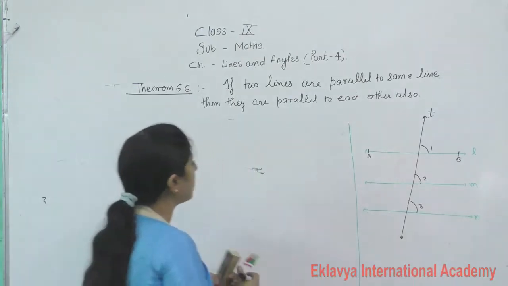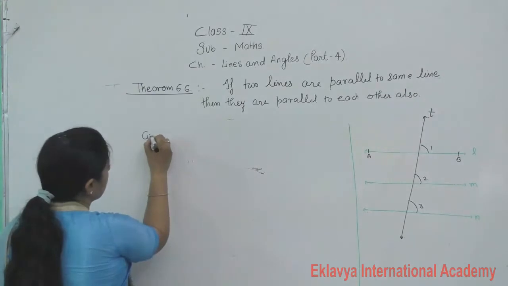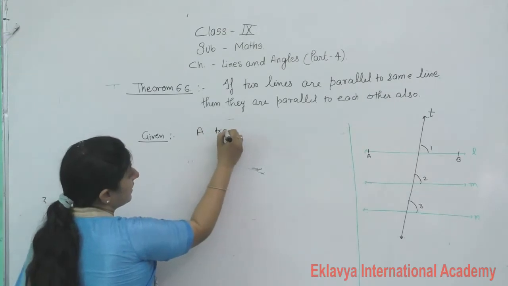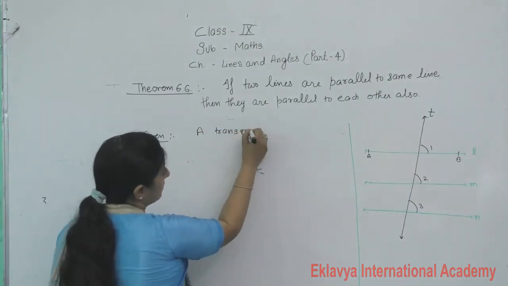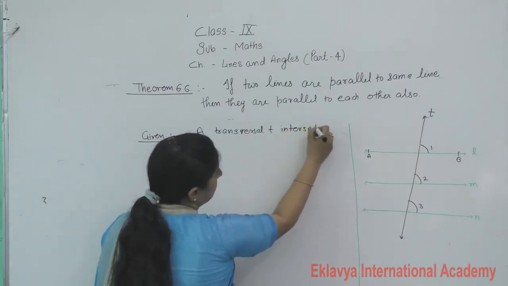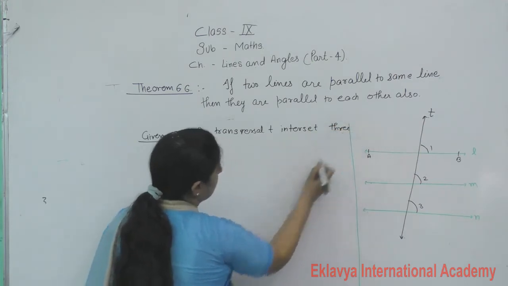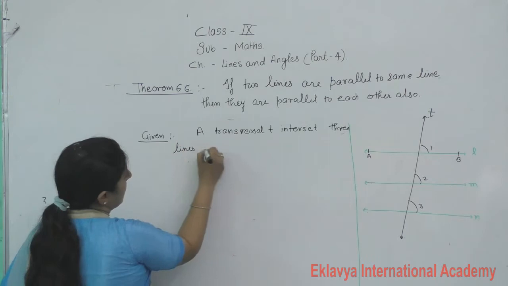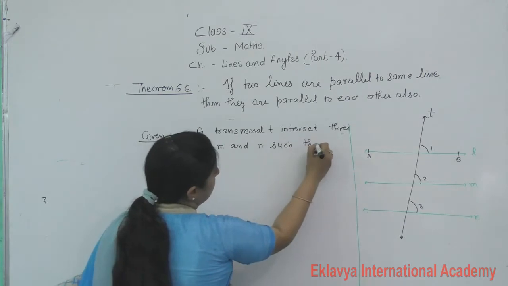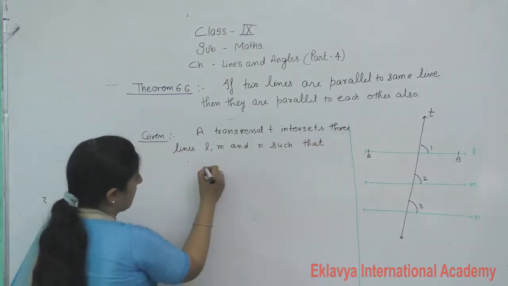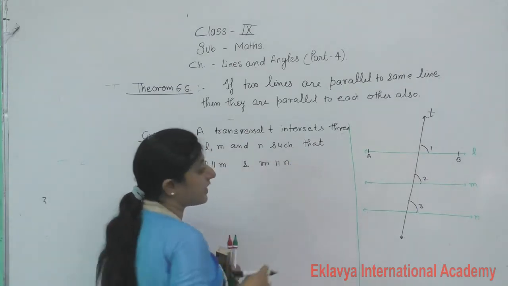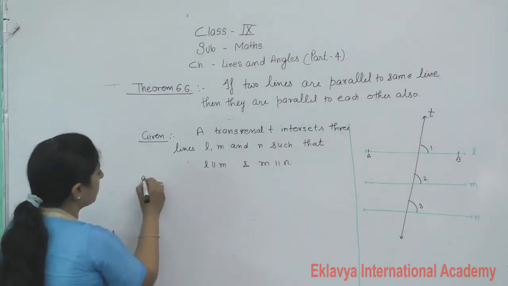So what is given to you in this? Given a transversal T intersects three lines L, M and N such that L parallel to M and M parallel to N. What we have to prove?